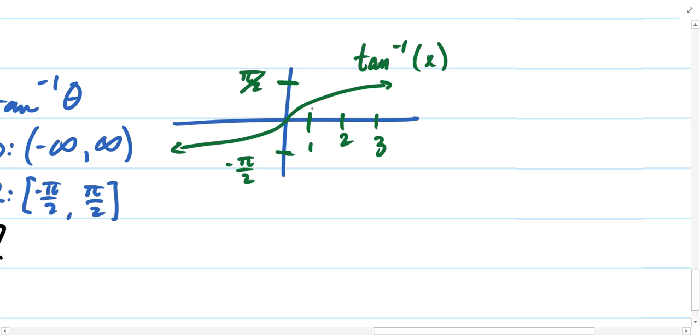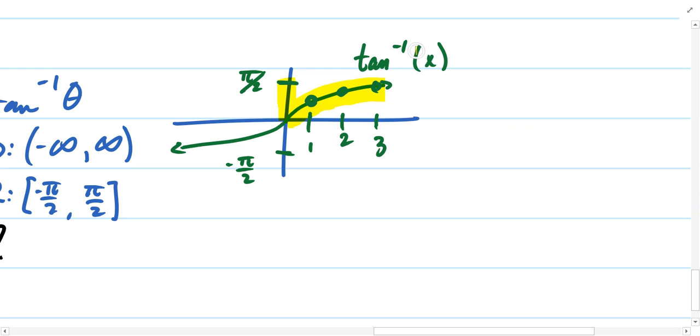I don't know what tangent inverse of 1 is. I don't know the y-coordinate of that position or this position or that position, but it doesn't matter. What I do know is that since these numbers were positive, that result has to be somewhere in between 0 and pi over 2.